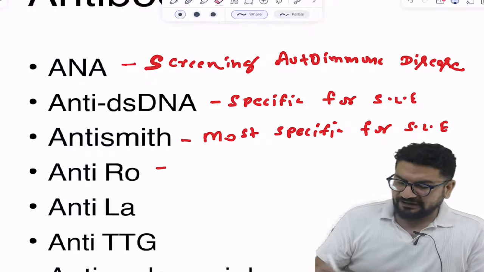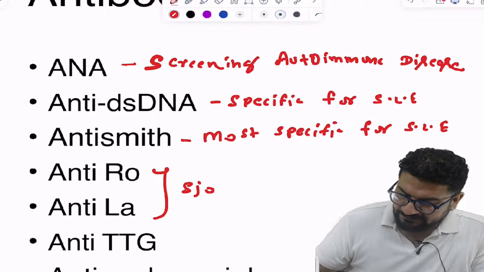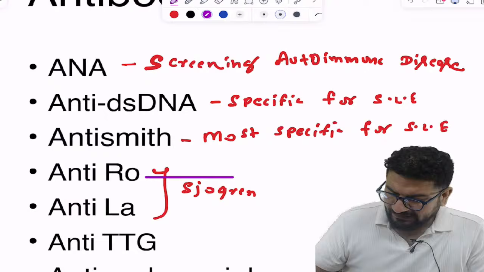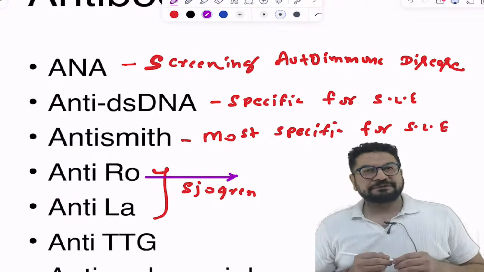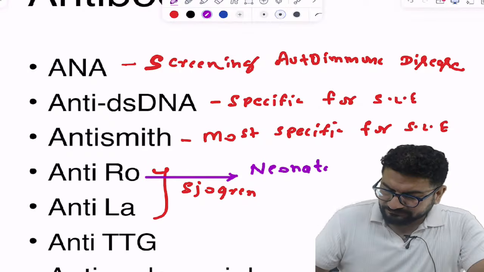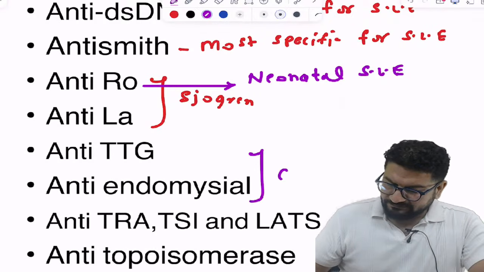Anti-Ro and anti-La, both are seen in a patient of Sjogren syndrome. Just remember anti-Ro. Anti-Ro और कहाँ होती है? कोई बताएगा? Anti-Ro is also seen in neonatal SLE.